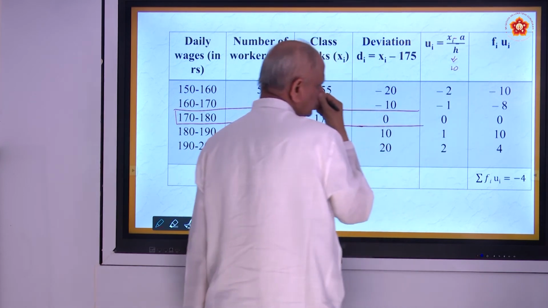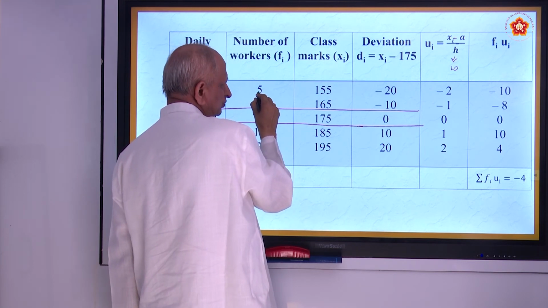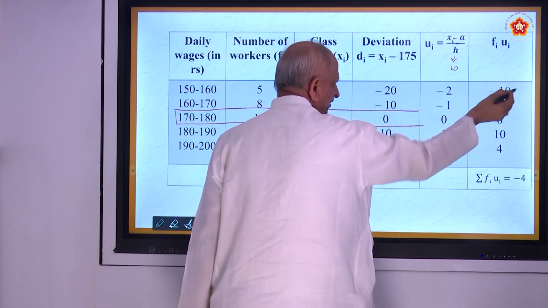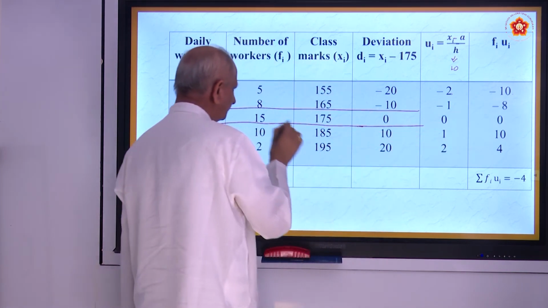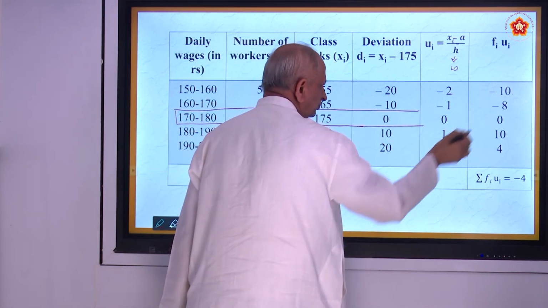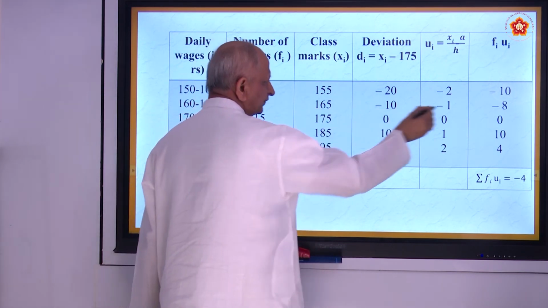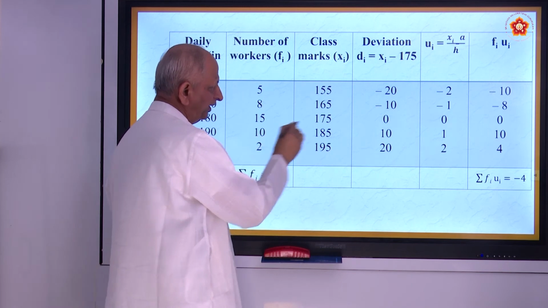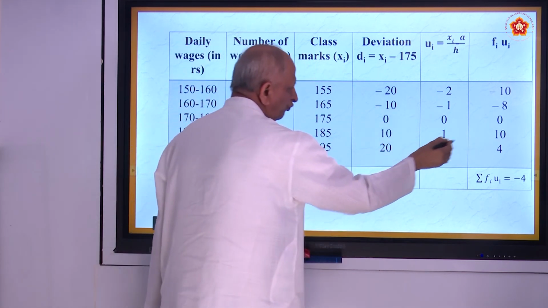Now fi into ui. Fi is 5, into minus 2, minus 10 it comes. 8 into minus 1, minus 8. 15 into 0 comes 0 only. 10 into 1, 10. 2 into 2, 4.